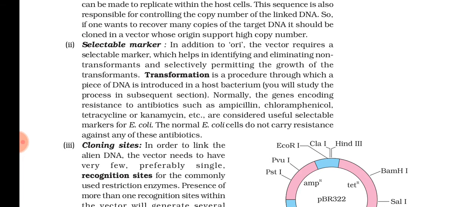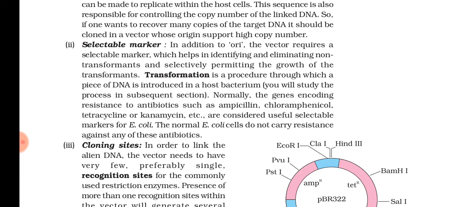So transformants and non-transformants can be selectively identified by using a marker. Understood? So marker here is a simple gene only. It's a gene which may be, for example, a gene which is resistant to certain kinds of antibiotics, and it can be used as a marker.